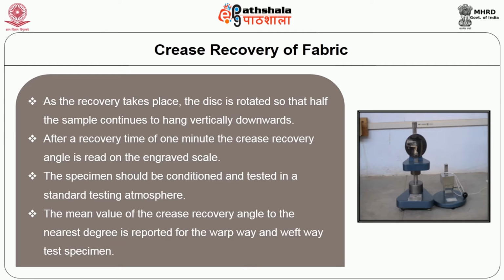It is placed on the crease recovery tester. One end is clamped in the crease recovery tester, the other end is allowed to recover. The crease recovery angle is measured using the crease recovery tester in degrees.